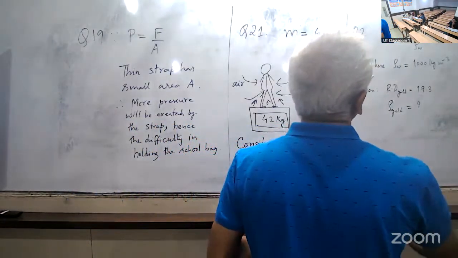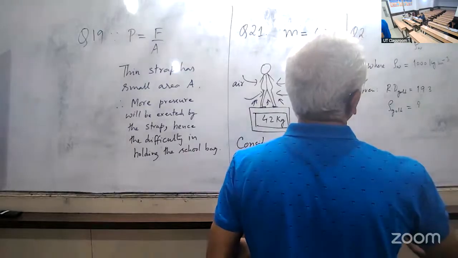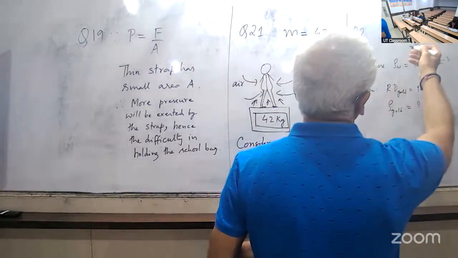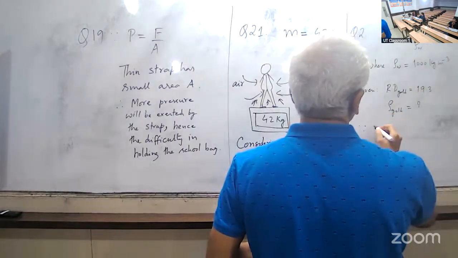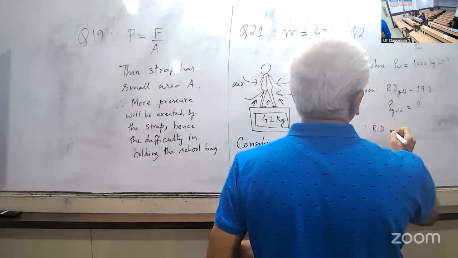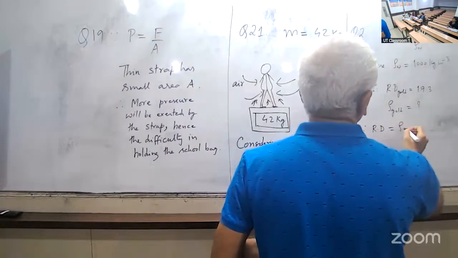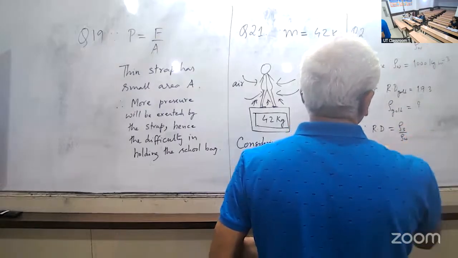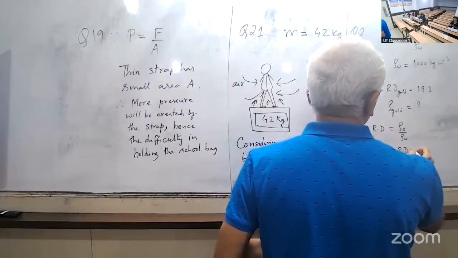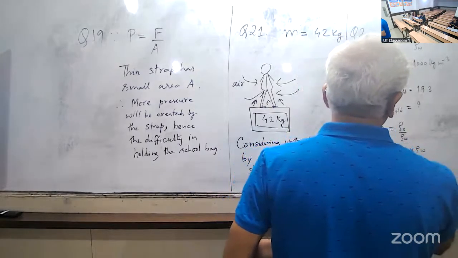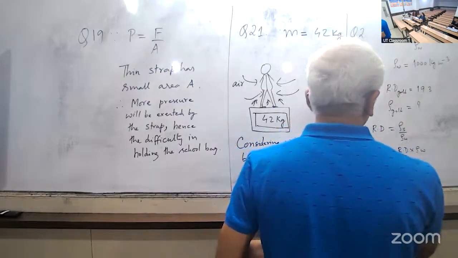So density of gold is basically density of substance. So by this formula, therefore density of substance equal to RD into density of water. Density of gold will become what?